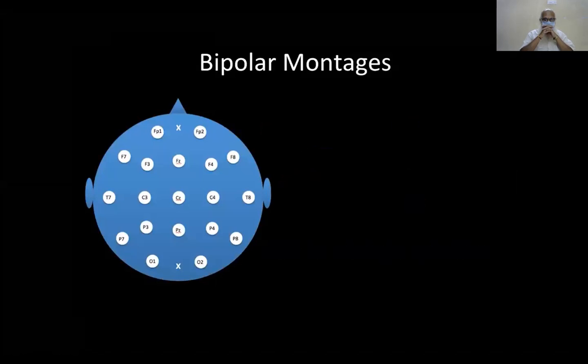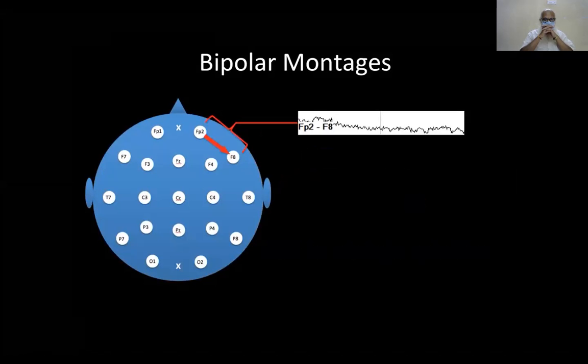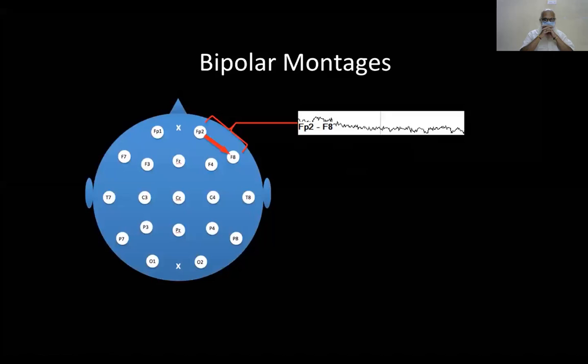EEG can be displayed in different ways, which are all known as montages. The most common type of montage is a bipolar montage. Here I have a picture of the head from the top down. If we display the difference between FP2 and F8 as a single tracing, it would look something like this, and we call this single tracing a channel or derivation.